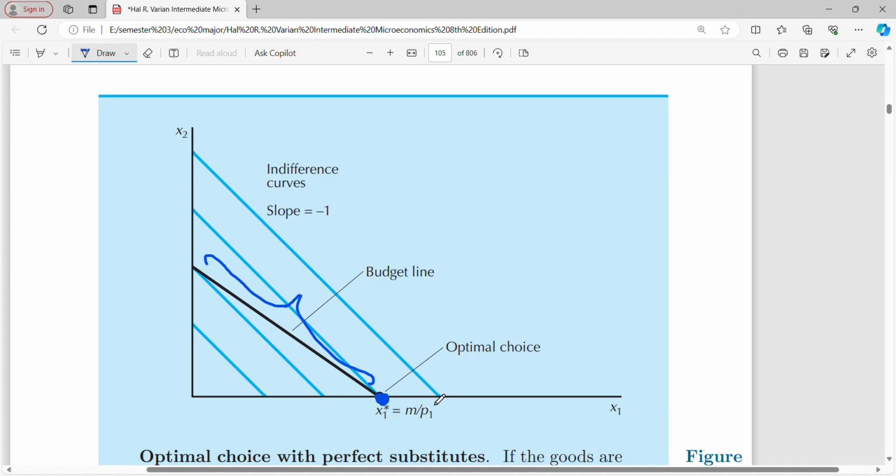And what happens when P1 is greater than P2?